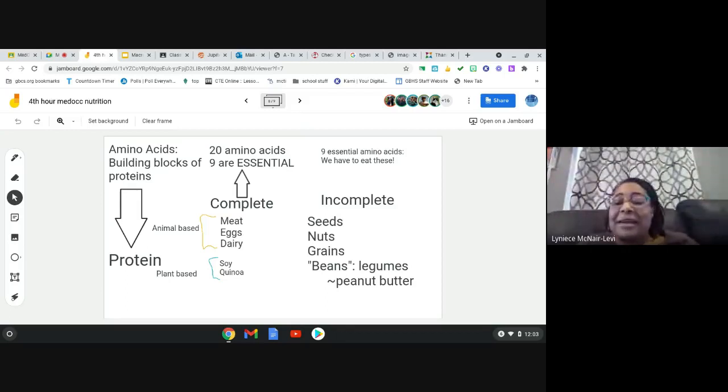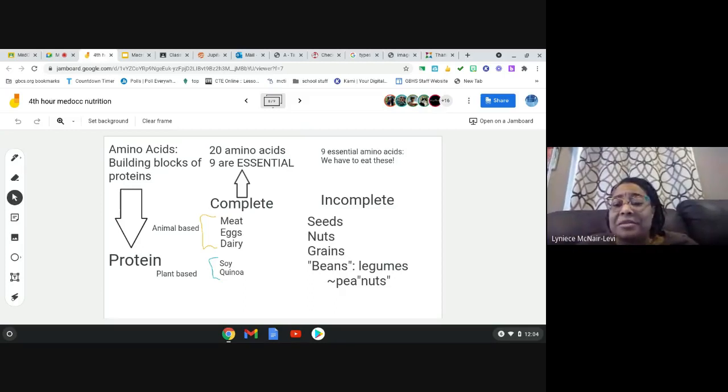Peanut butter. Peanut butter is, or peanuts in general. Let me change that. Not peanut butter, but let me change it to peanuts. And I'm actually going to change this, and I'm going to put a quote. Because I cannot stand the fact that we call these things peanuts. Peanuts aren't a nut. Peanuts are not nuts.